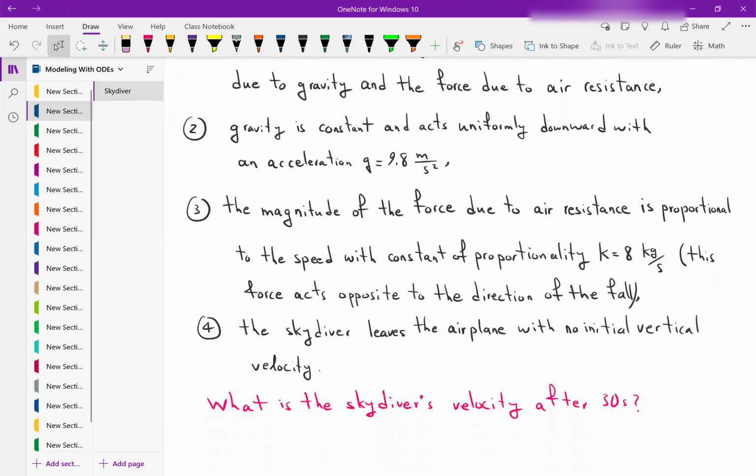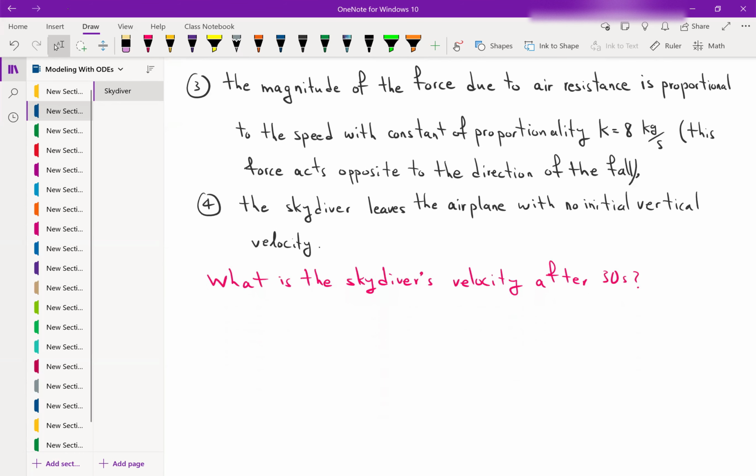Let me start by making some general comments about the situation described in this example. So we're looking at a falling object and we want to study its motion. In particular, we are interested in the velocity of the falling object. So let me draw what we have.